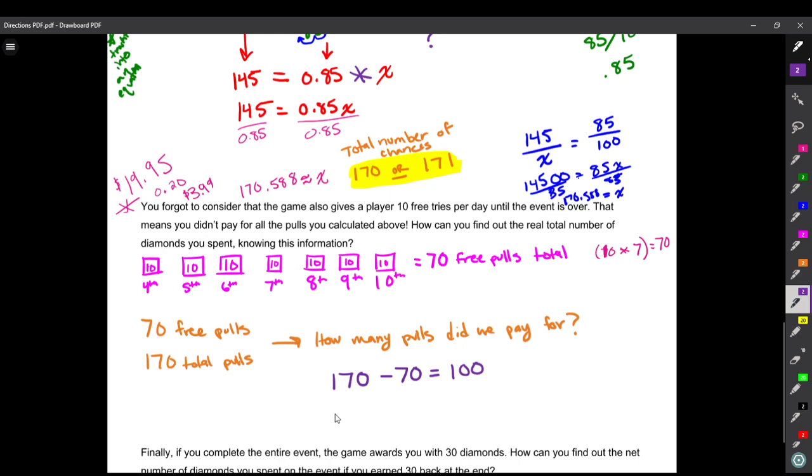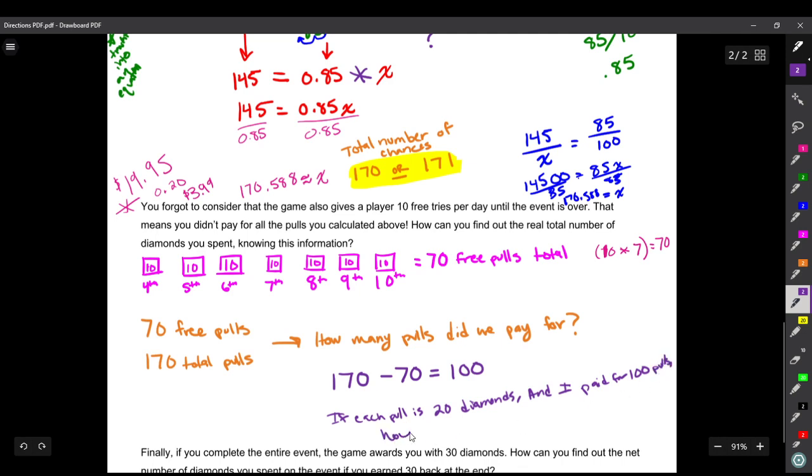So if each pull is 20 diamonds, and I paid for 100 pulls, how many diamonds did I pay total?